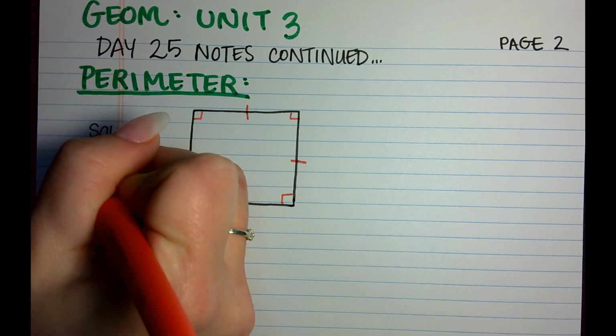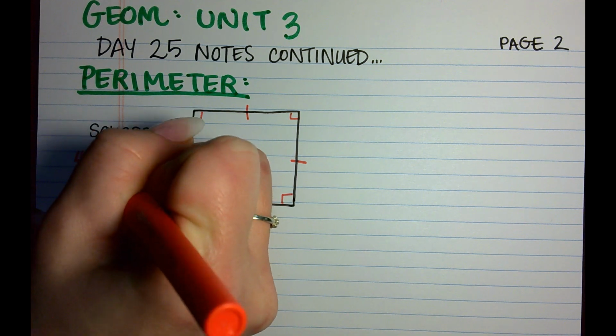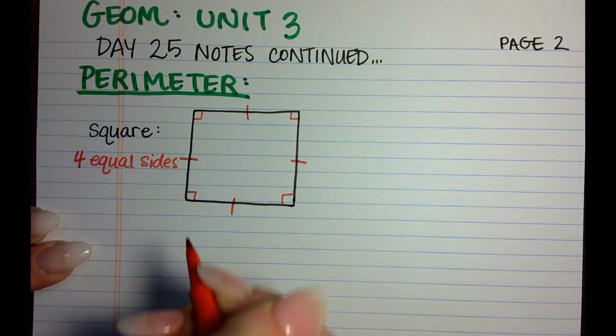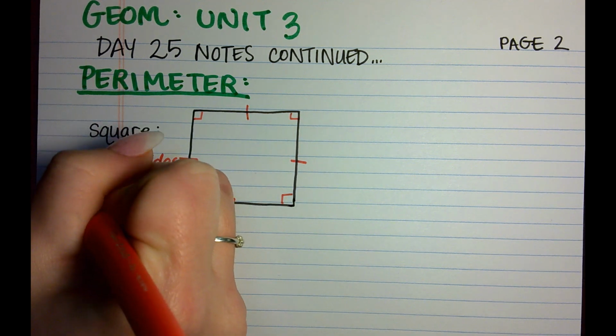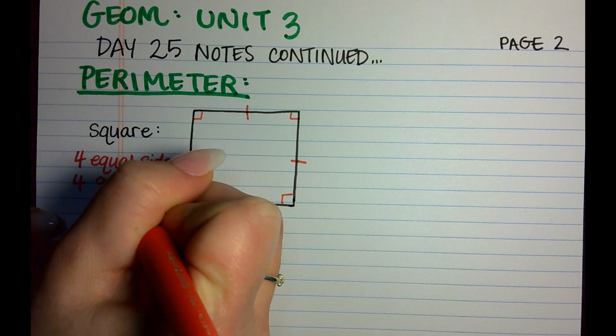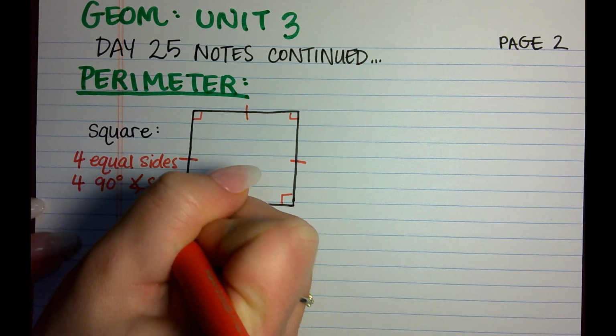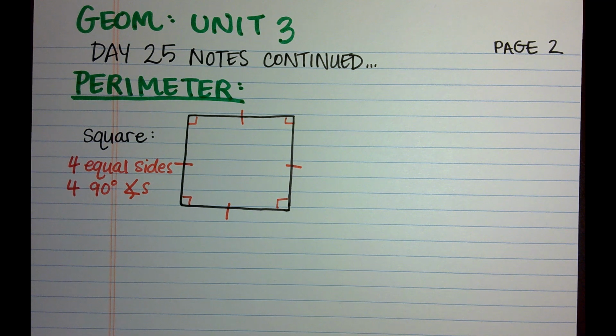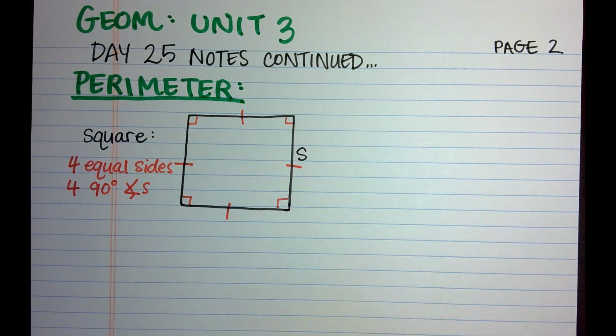So, 4 equal sides and 4 90-degree angles. And we are going to call each side length S.